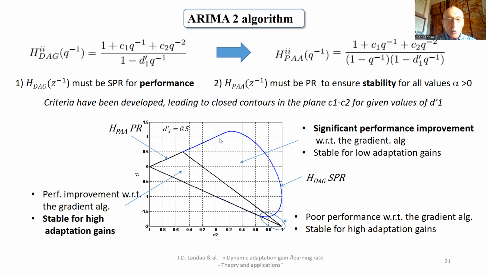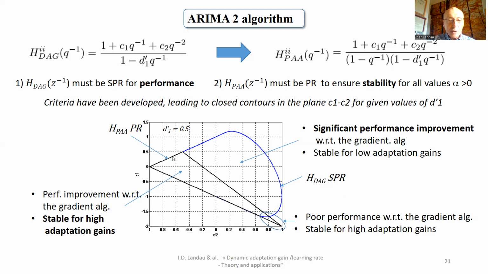Now we distinguish first two curves. The first, in blue, defines the domain where the dynamic adaptation gain is characterized by a strictly positive real transfer function.